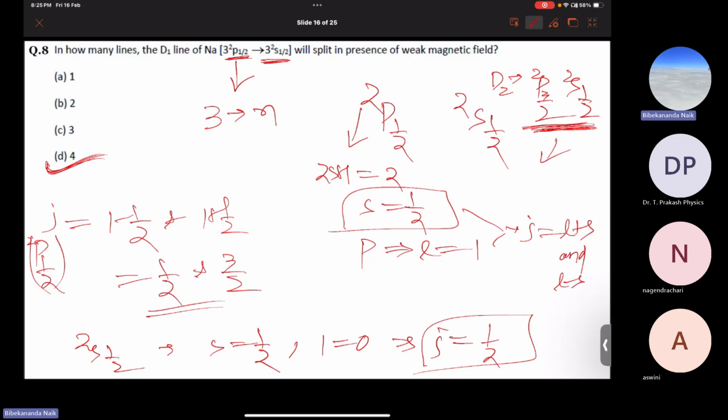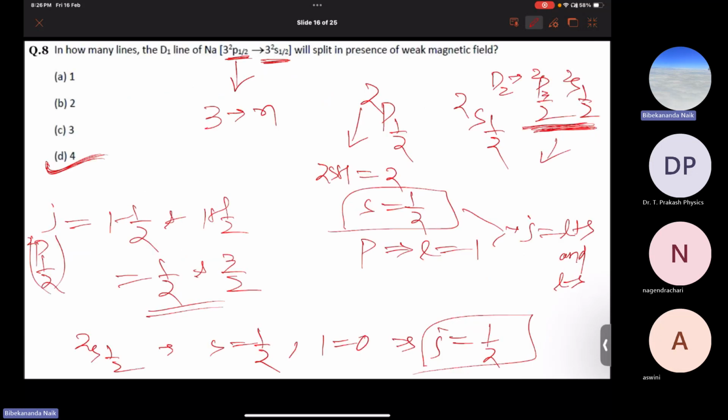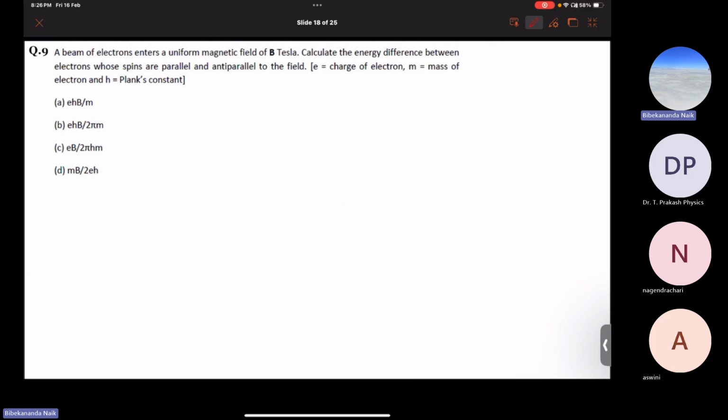Since it is 3 by 2, there will be 3 by 2 into 2 plus 1, that is 4 levels. So the upper one will be splitting into 4 levels, while the lower one splits into 2 levels. So there will be 6 allowed transitions. The D1 line splits into 4 lines in a weak magnetic field, but the D2 line splits into 6 lines in case of a weak magnetic field. Is this clear to everyone?